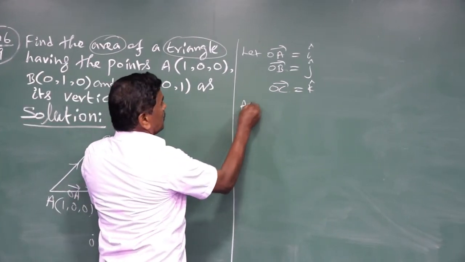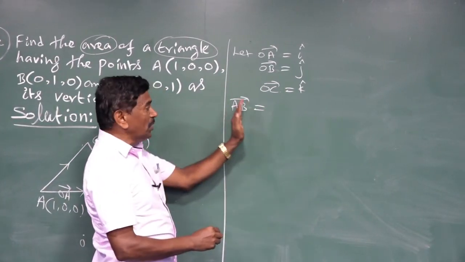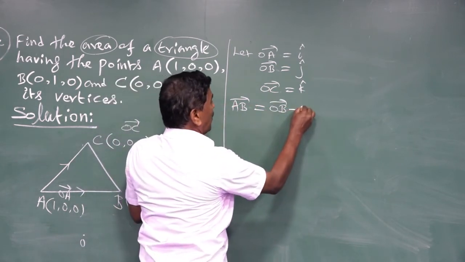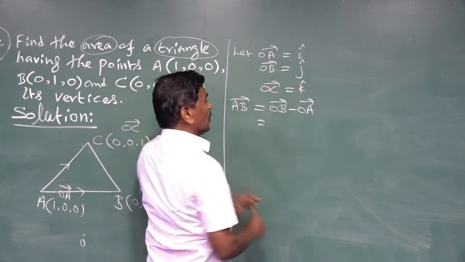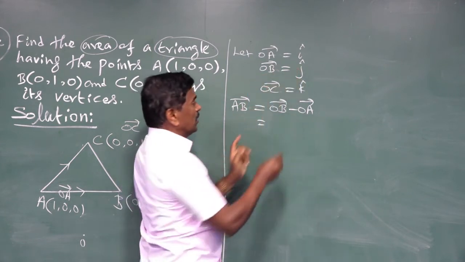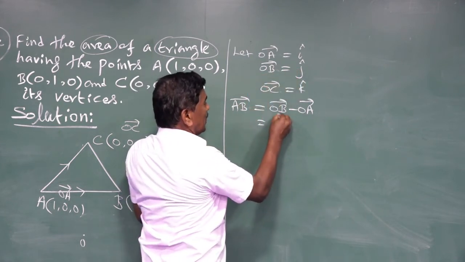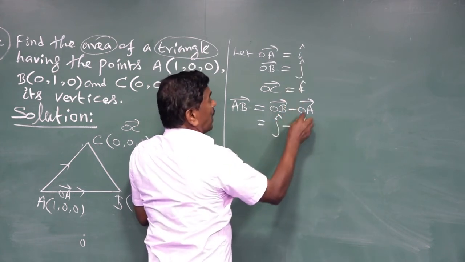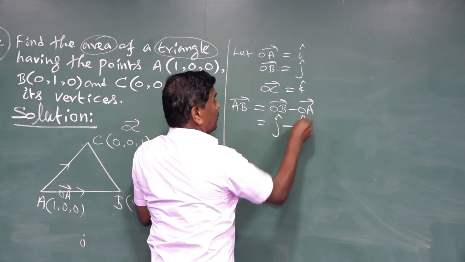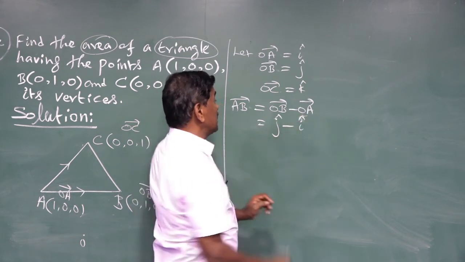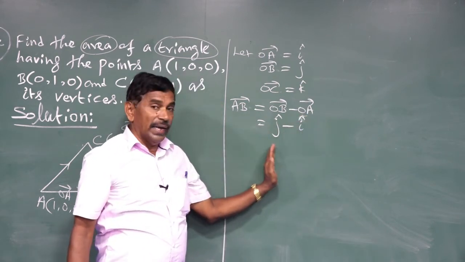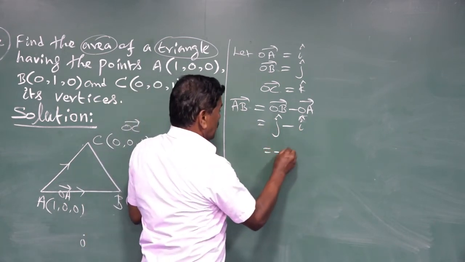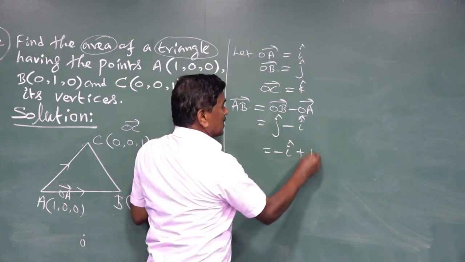So AB vector is equal to OB vector minus OA vector, which is j cap minus OA vector, and OA vector is i cap. For my convenience, usually the order is i, j, k, alphabetic order, so write i first. So which is equal to minus i cap plus j cap.